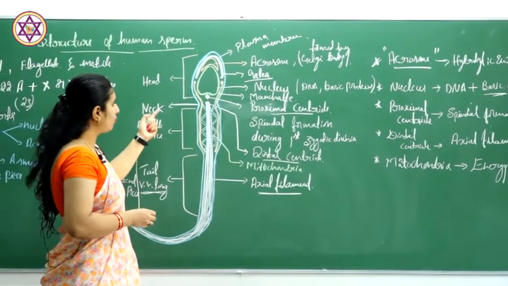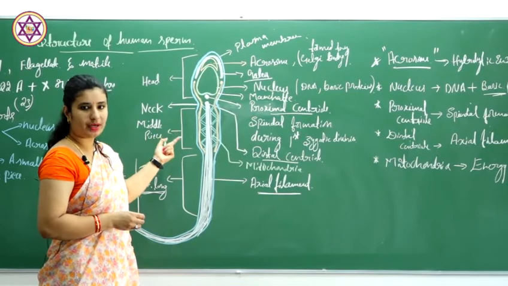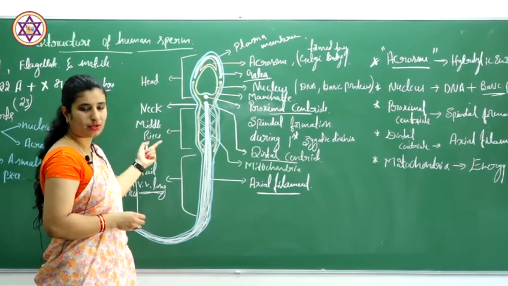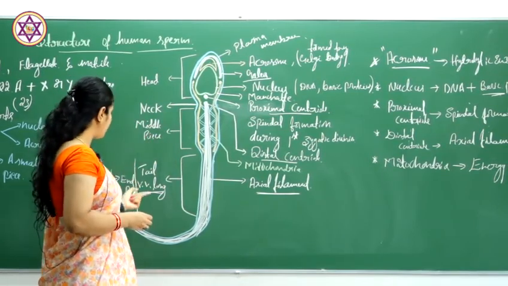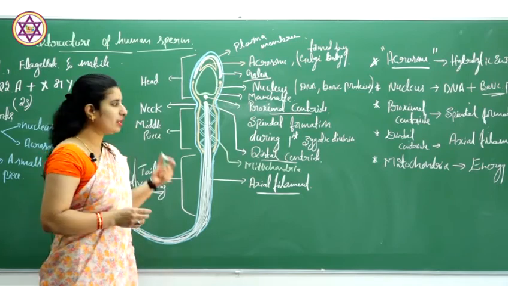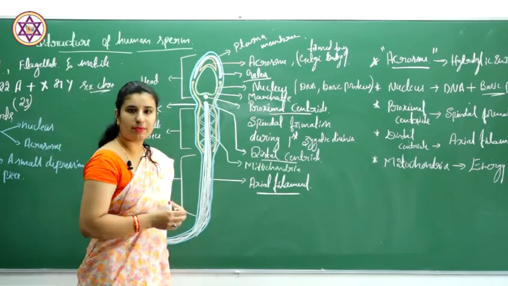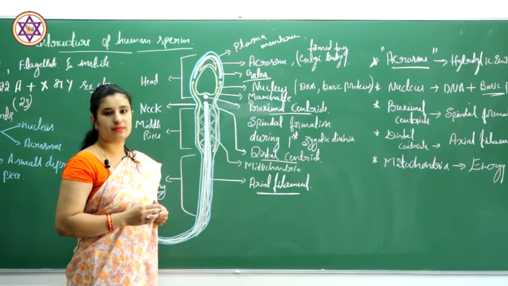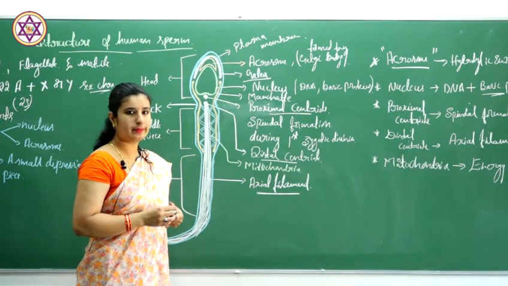The structure of the human sperm contains 4 important parts: head, neck, middle piece and end piece. So this is about the structure of the mature human sperm.